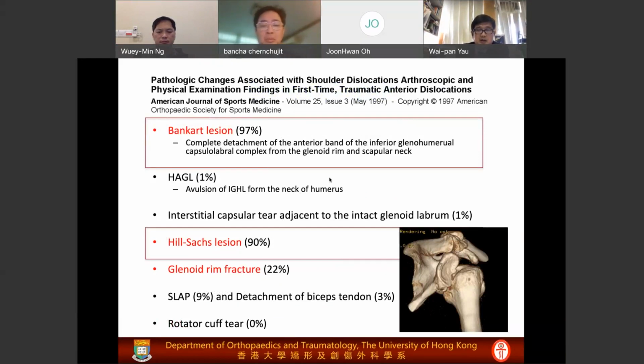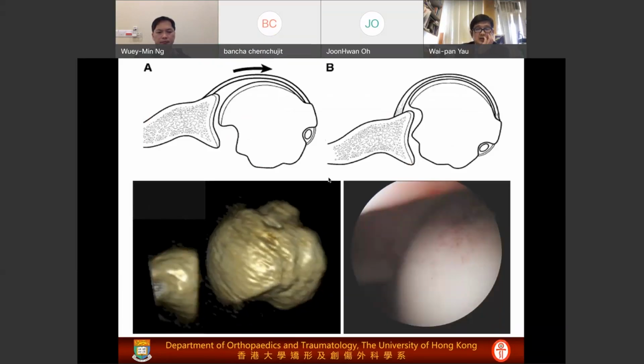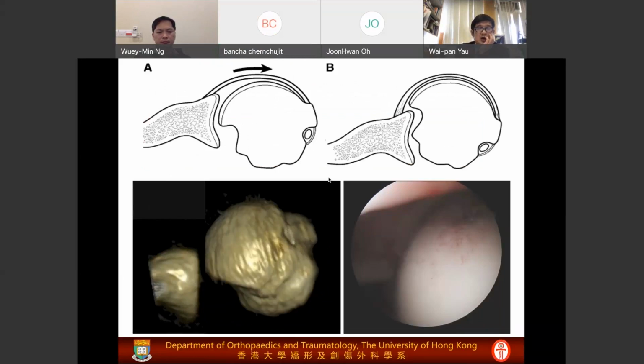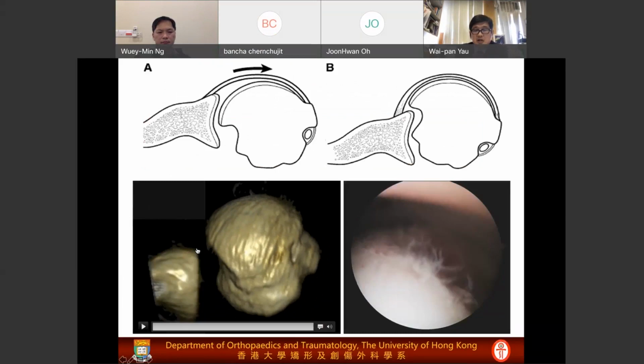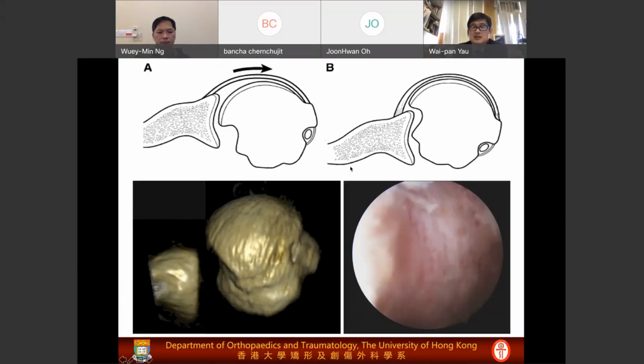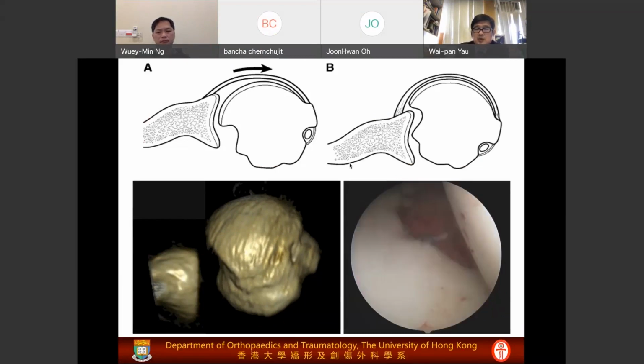The longer the shoulder is dislocated and the higher the number of repeated dislocations, the bigger the Hill-Sachs lesion will be. So the problem of the Hill-Sachs is when the shoulder is externally rotated, the Hill-Sachs part will get engaged in the anteroinferior glenoid and cause a subluxation, locked subluxation. Even though the patient does not have a real dislocation, the patient will still complain.